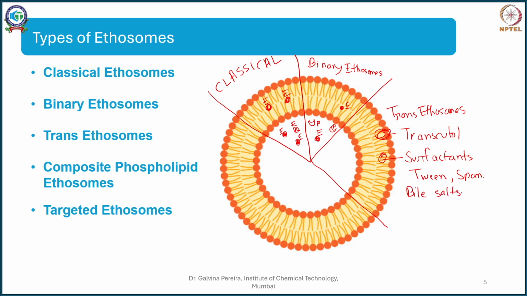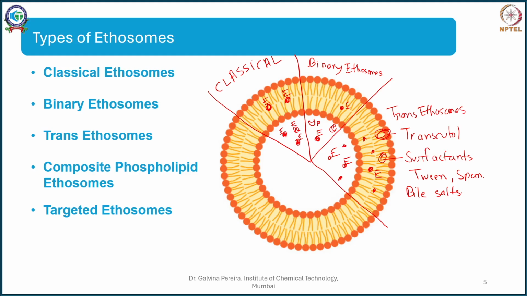A number of other permeation enhancers might also be added, and in this case again you will see your ethanol being there, dispersed in both the aqueous as well as the organic phase, along with some amount of surfactants making their way through the bilayer as well as sometimes into the matrix as well.